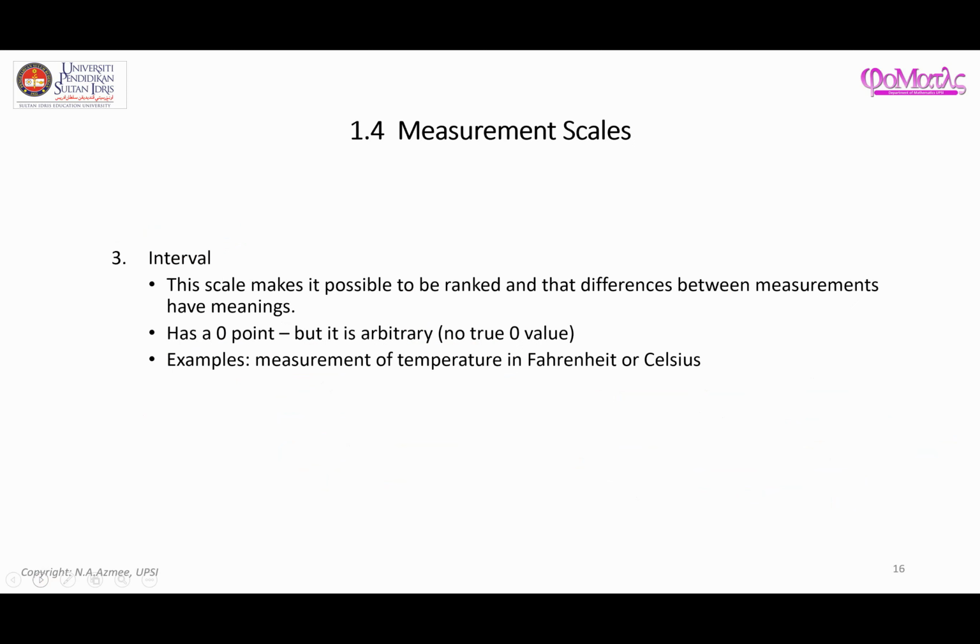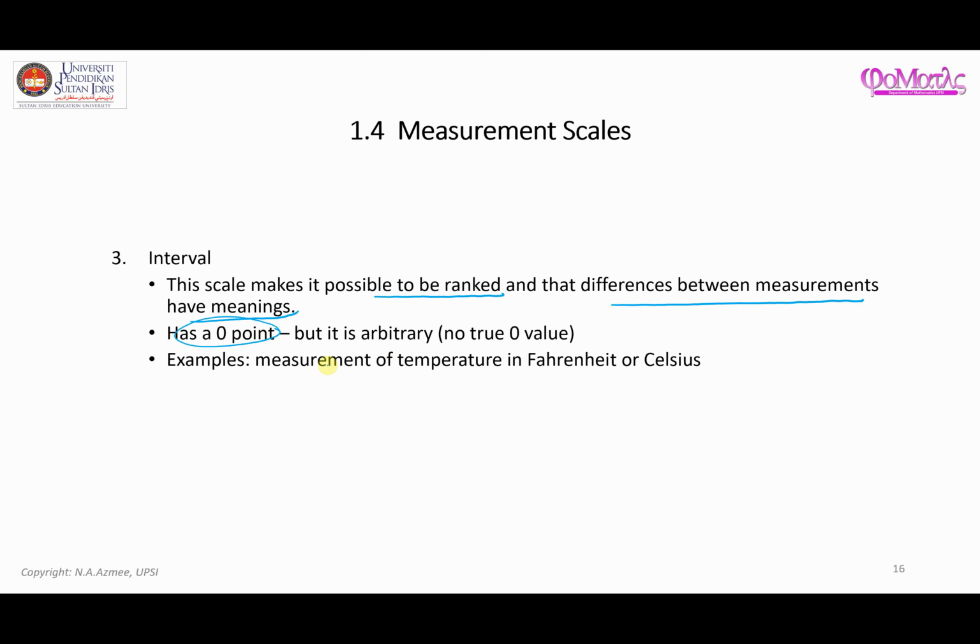The next one is the interval scale, and this scale makes it possible to be ranked. That means we have some sort of order that you see in the ordinal scale, but the additional characteristic is that differences between measurements have meanings, and it has a 0 point.